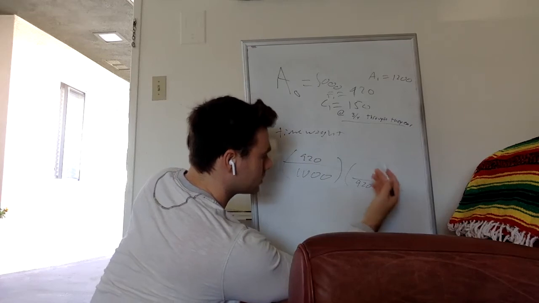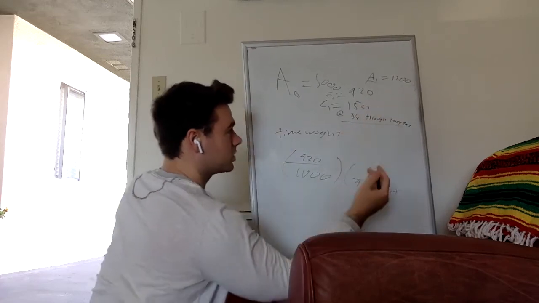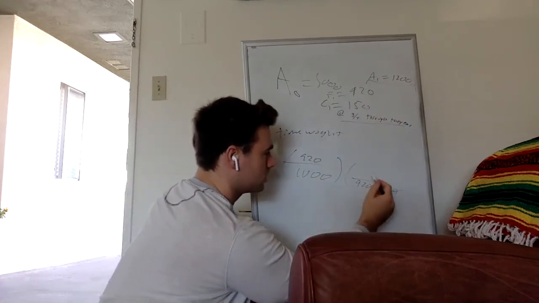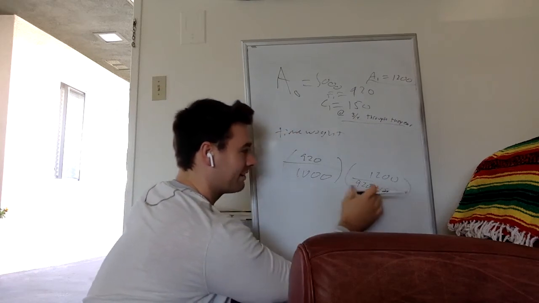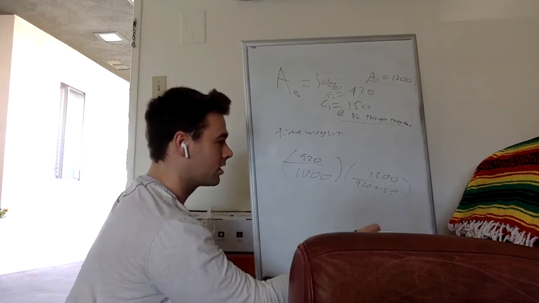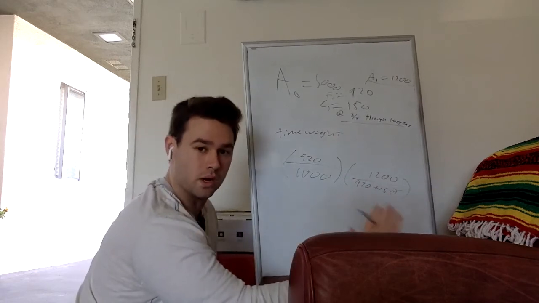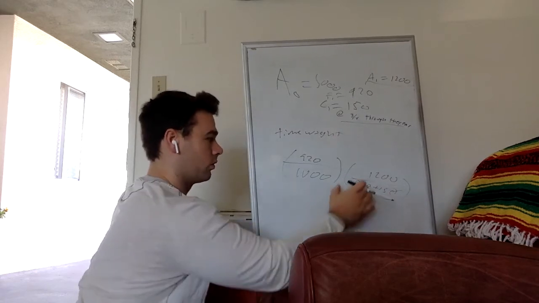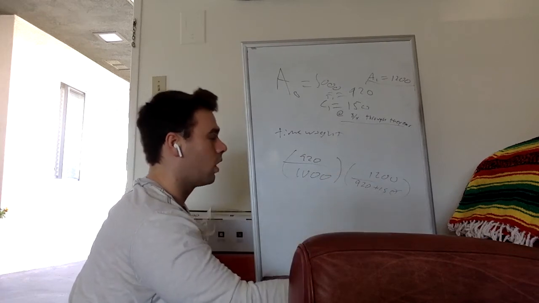So for the next time, we could just use A1, because we don't have an F2, so it is 1,200. But if you have an F2, you'd put that there and then put your next C_k over it. Given that we only have one C_k, our A1 goes on top.